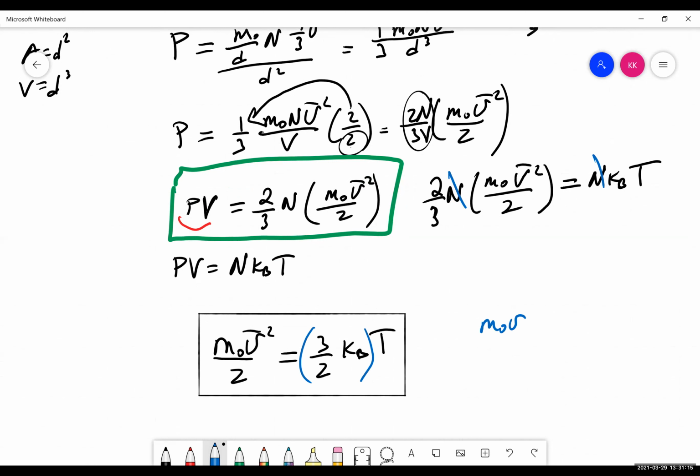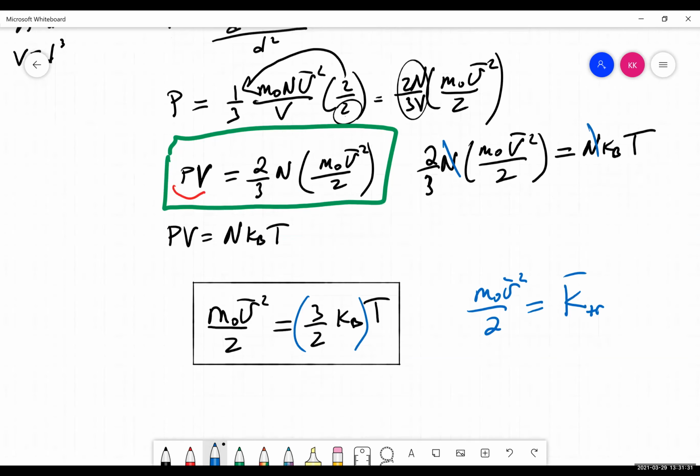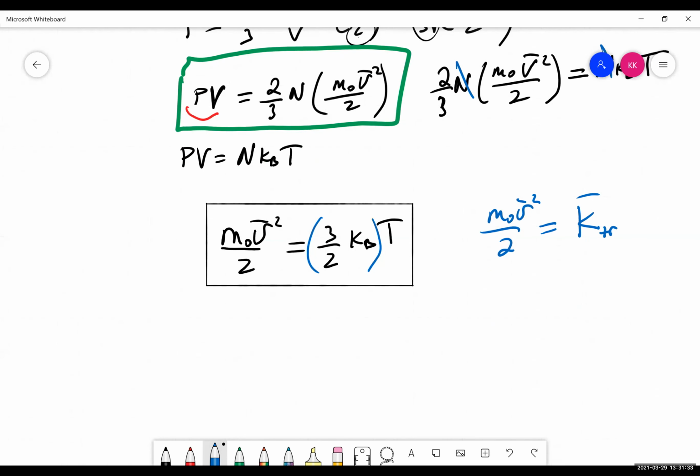So this m naught v average square over 2 is then the average, what we call translational kinetic energy of the system, which means this is all the kinetic energies per number of molecules that we have. So in a way, temperature is nothing but another way of describing the kinetic energy of your system, the average kinetic energy of your molecules.